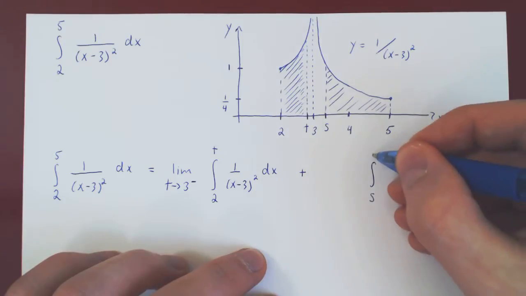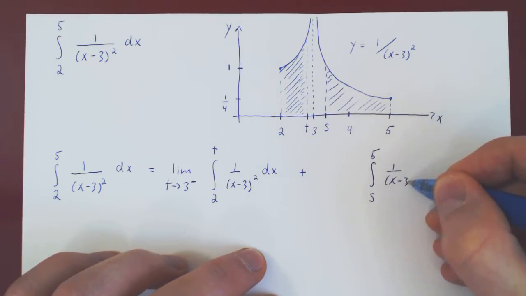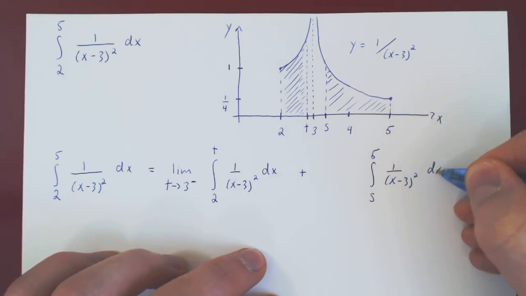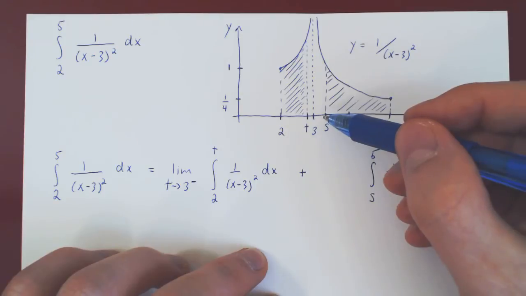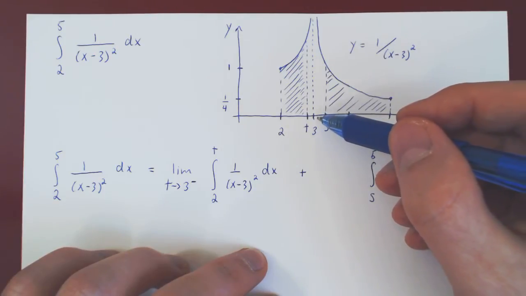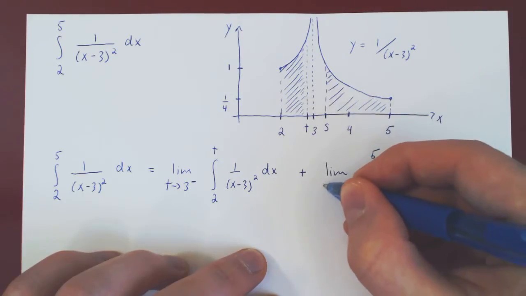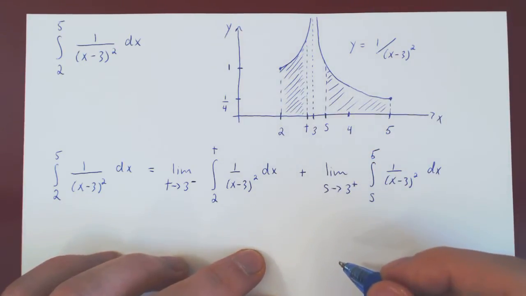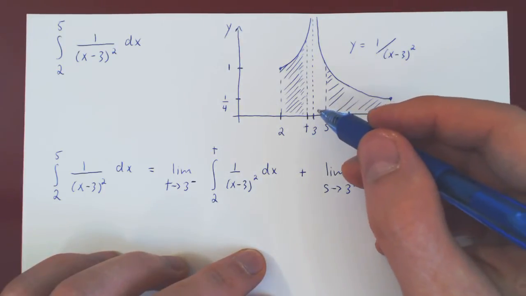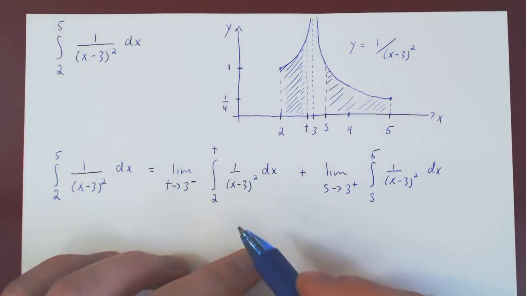So from s to 5, 1 over (x minus 3) squared dx. But once again, that's not all of it, right? We have to then let s approach 3 from the right. And now, in the limit, both parts will complete the entire improper integral.